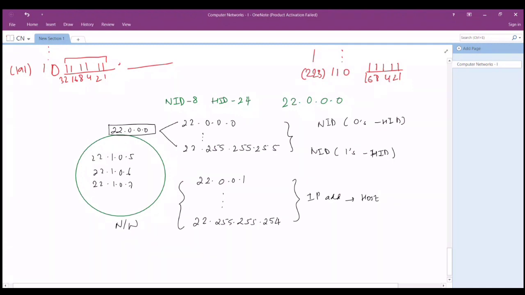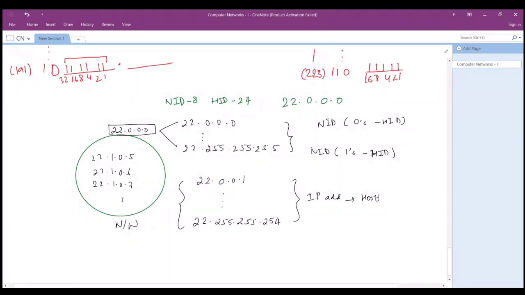Any host which is present can take any IP between 22.0.0.1 and 22.255.255.254. But the entire zeros and the entire ones are reserved. The entire zeros are reserved for the IP address of the entire network, and all ones are reserved for another purpose. Okay, and this is clear, right? What is the network ID? So this is the network ID.